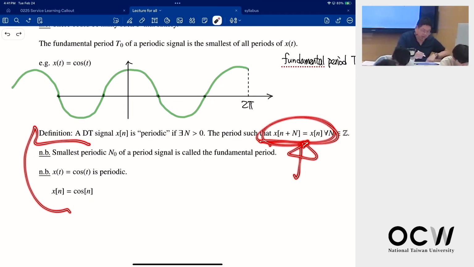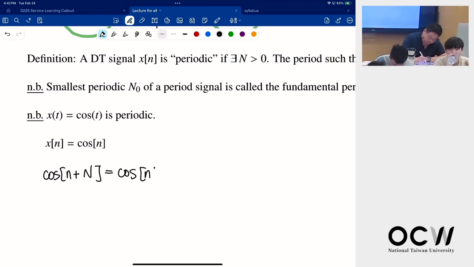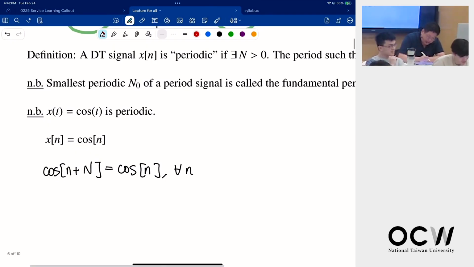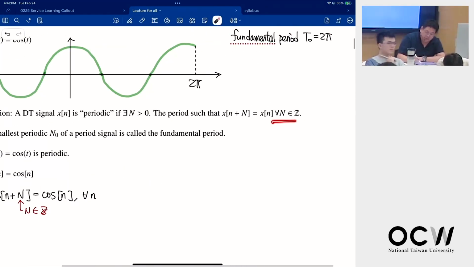If it is periodic, that means cosine of n plus capital N is cosine n for all n. And remember that this holds when this capital N is an integer. If it is not an integer, then from the definition, it only says that N should be an integer.